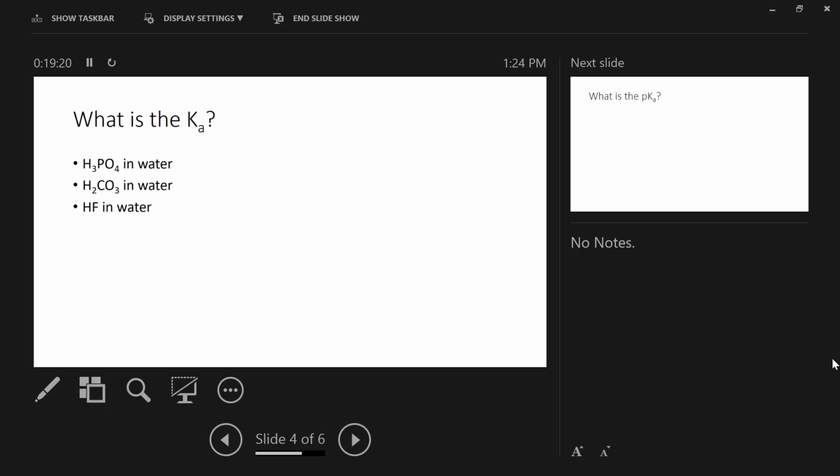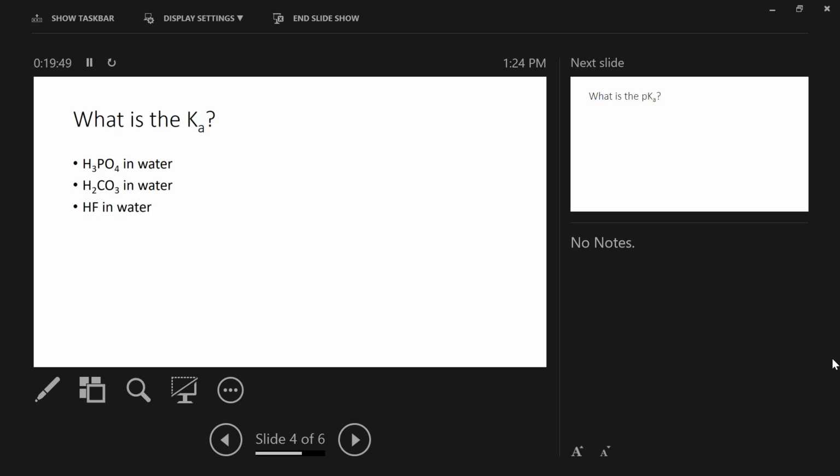And so here's how Ka works. Ka is equal to the concentration of our two products divided by the concentration of one of our reactants. So for this reaction here, I'll number these 1, 2, and 3, and then that way we can keep track of everything.